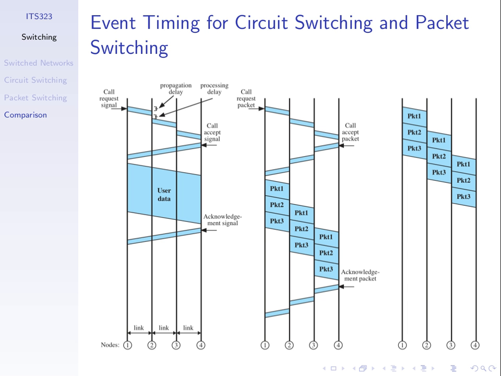Similar with virtual circuit packet switching. When I press start, I must set up the connection, then send the data, but this time as packets. With datagram packet switching, I press start, just send the packets. There's no setup phase. So comparing them in terms of the delay, it depends upon how long it takes to set up the connection as to which one's best.